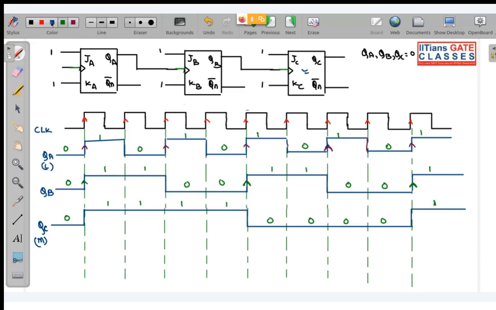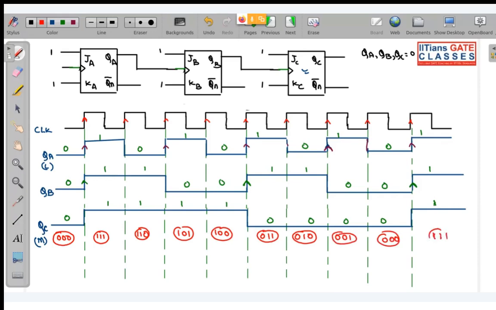So you can see the counting states over here are from 0, 0, 0, then to 1, 1, 1, then to 1, 1, 0, then to 1, 0, 1, then to 1, 0, 0, then to 0, 1, 1, then to 0, 1, 0, then to 0, 0, 1, and last 0, 0, 0, and once again 1, 1, 1.